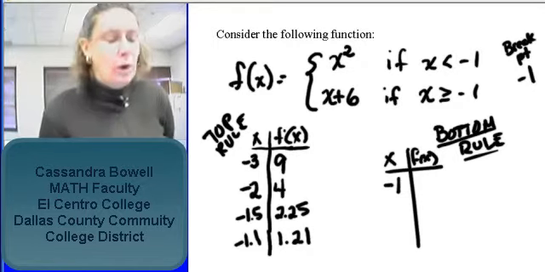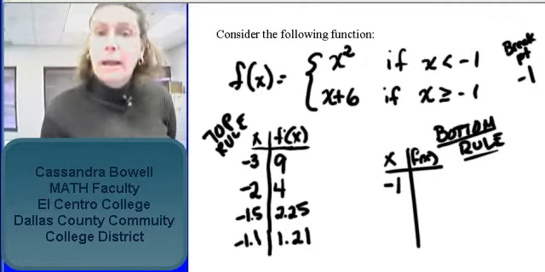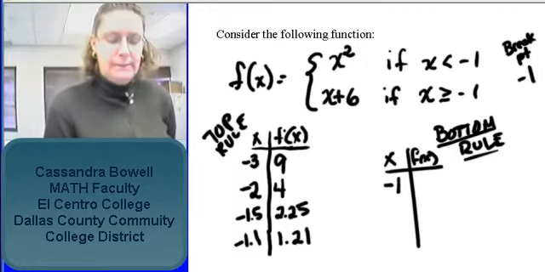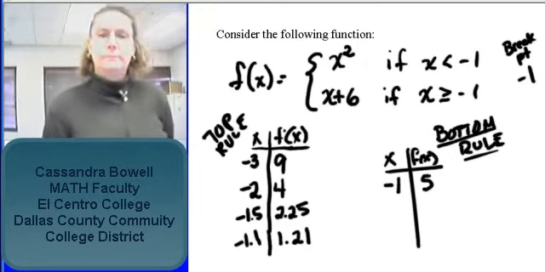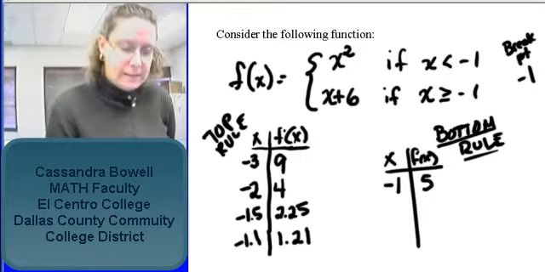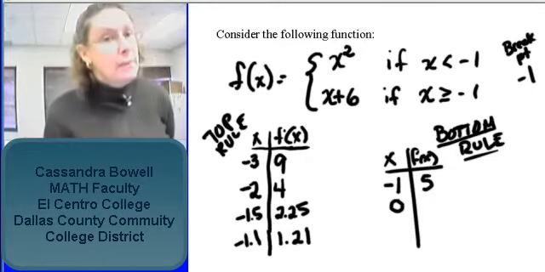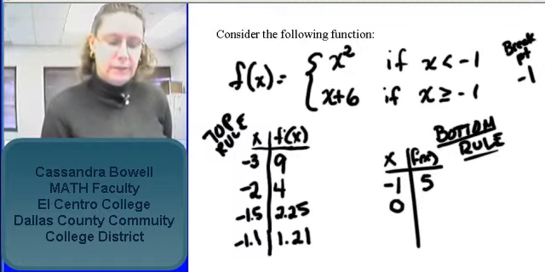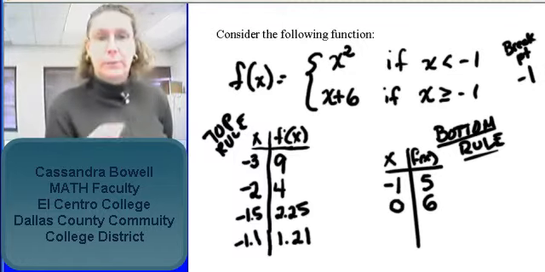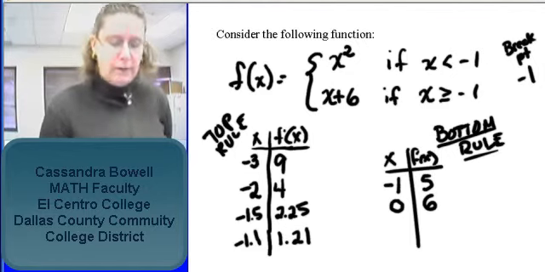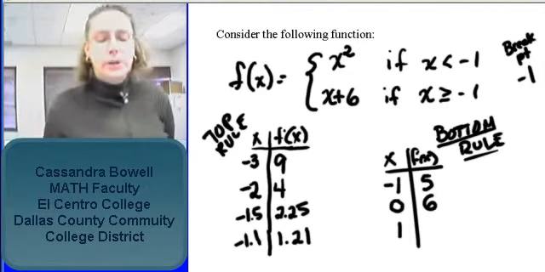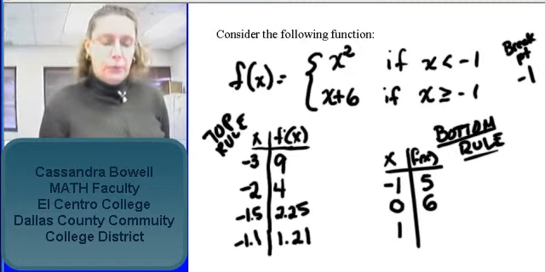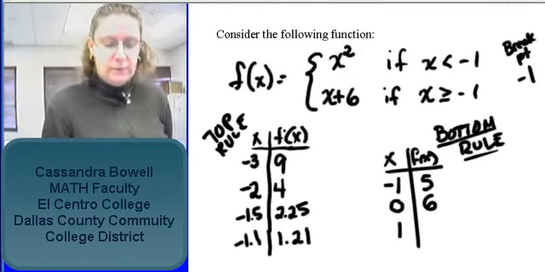And when x is -1, the rule for the bottom says to add x plus 6. So that's 5. Okay? If x is 0, that's a number that's greater than -1. So we still have to go over here to the bottom rule. That's 6. 0 plus 6. If x is 1, now all the other numbers that are greater than -1 are all over here using the bottom rule. 1 plus 6 would be 7.